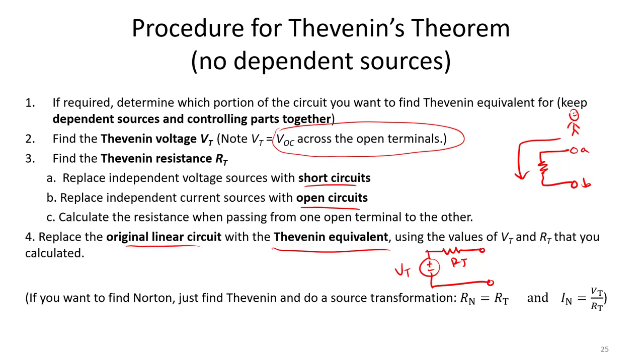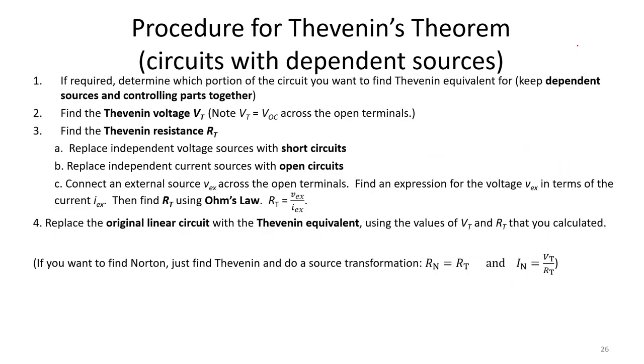And if you want to find Norton, then you just do a source transformation. So once again, please do take a look at lecture 7 to 8 if you need a review on Thevenin's theorem.